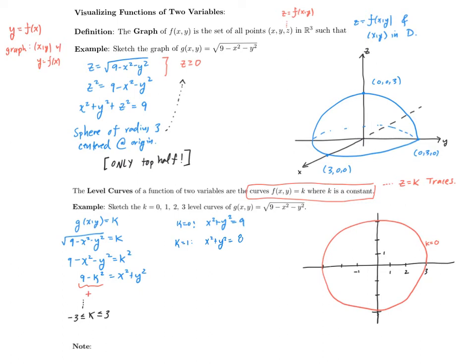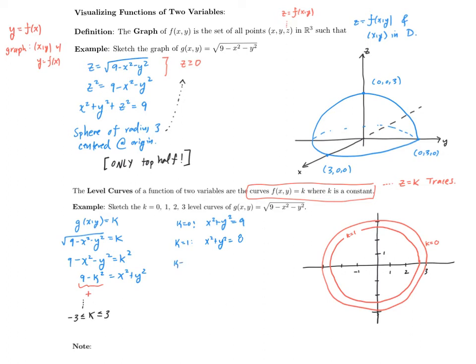So let's place it right about here. And we have circles centered at the origin. So this would be k equals 1. And just to get that in there, I'm going to erase a little bit of the curve and substitute in here k equals 1.